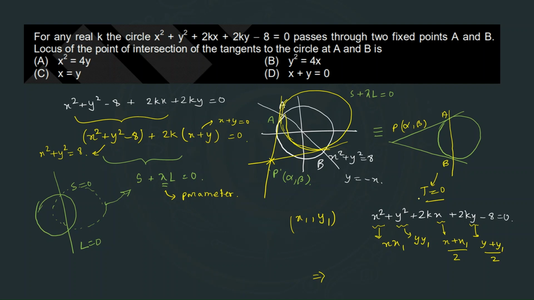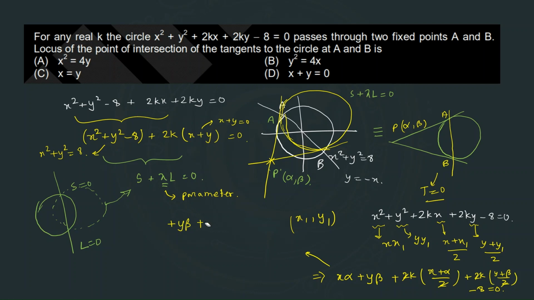So we can write this T equal to 0 as x alpha plus y beta plus 2k times (x plus alpha) divided by 2 plus 2k times (y plus beta) divided by 2 minus 8 equal to 0. So the chord of contact becomes x alpha plus y beta plus k times (x plus alpha) and k times (y plus beta).